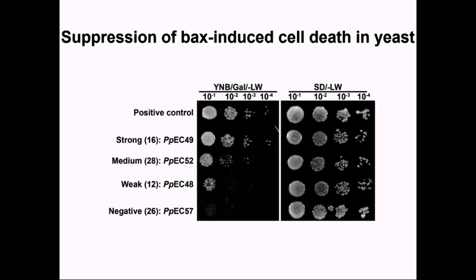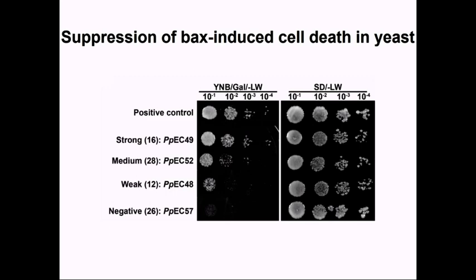And then a few of them don't suppress bax-induced cell death at all. So we think that possibly, in the assays that we've done so far in plants, we've uncovered some of the cell death or defense suppression functions, but the yeast kind of hints that there may be other PPECs that we should be looking at for suppression of immune or immune-like responses in plants.